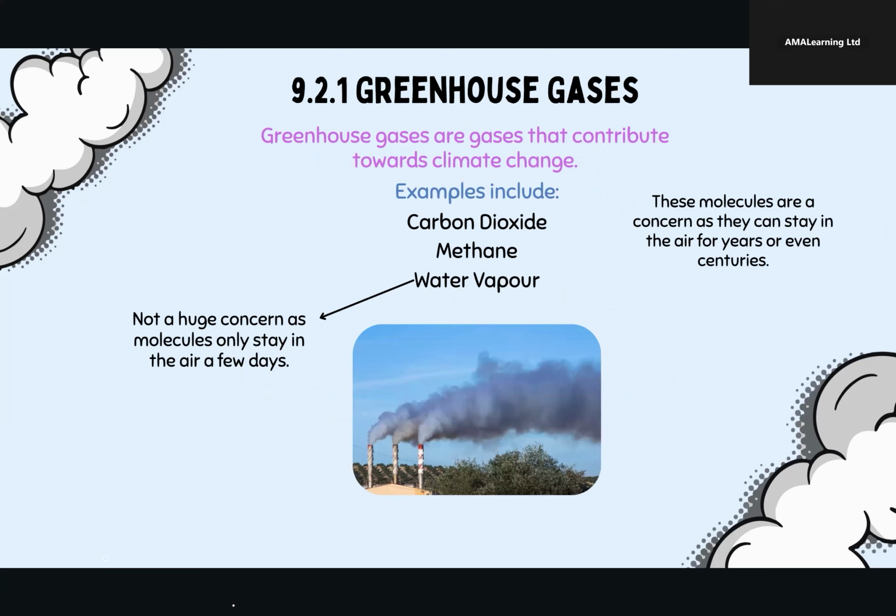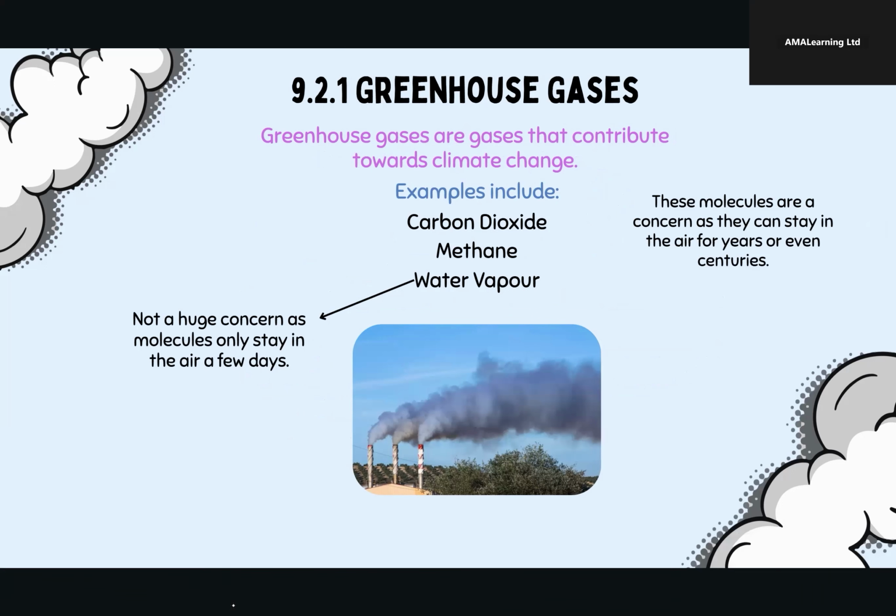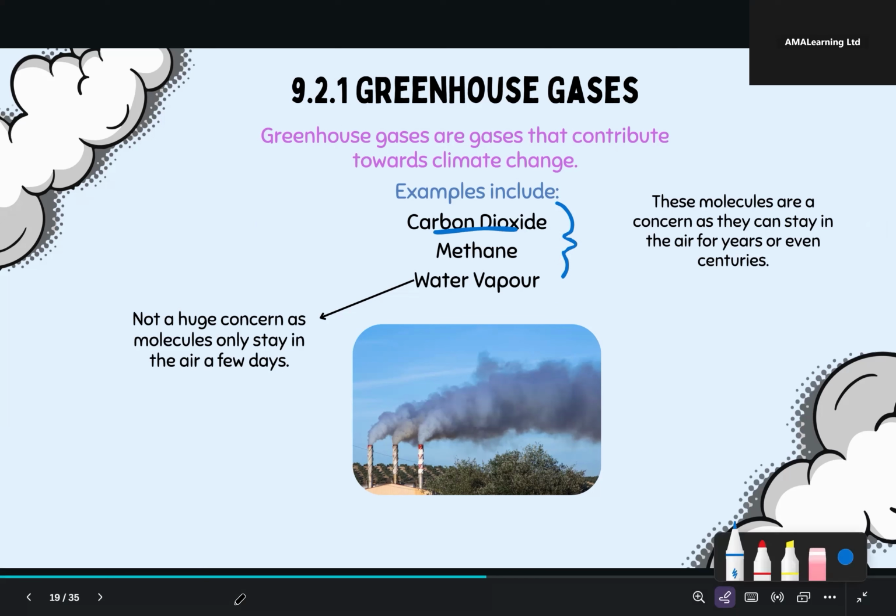Okay, greenhouse gases. Greenhouse gases are gases that contribute towards climate change. So you've got carbon dioxide and methane, which are a concern because these molecules stay in the air for years or centuries, particularly carbon dioxide.